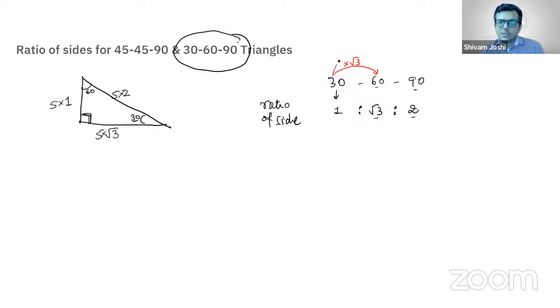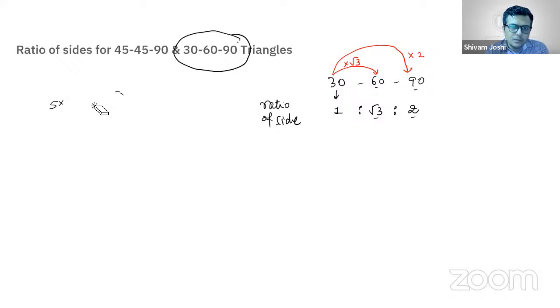If you are moving from the side opposite to 30 to the side opposite to 90, you multiply by 2. These are the two rules you are going to remember. 30 to 60, multiply by root 3. 30 to 90, multiply by 2. Of course, if you are going in the opposite direction, instead of multiplying, you have to divide. That is very obvious and commonsensical.